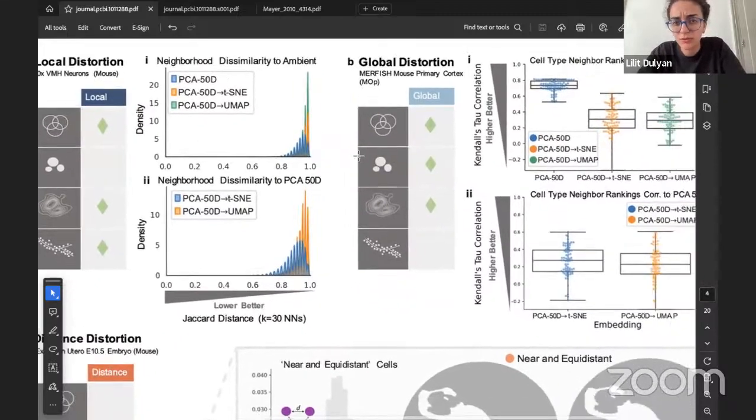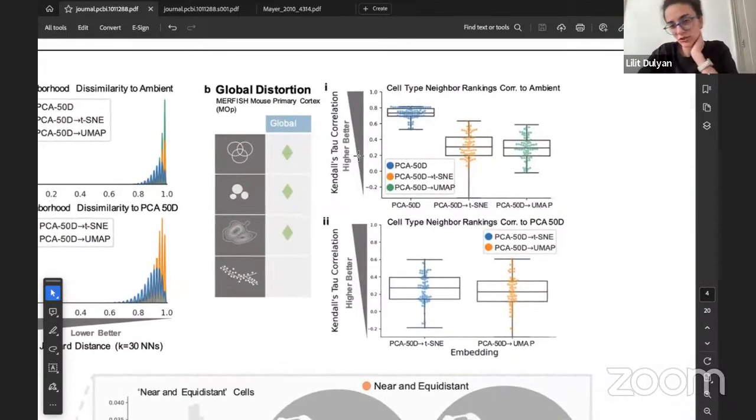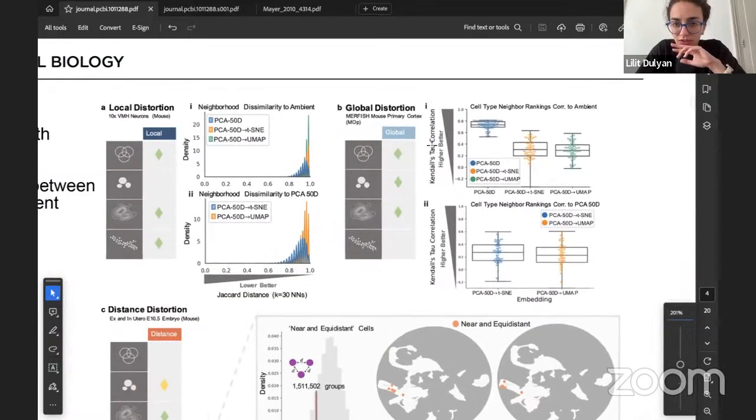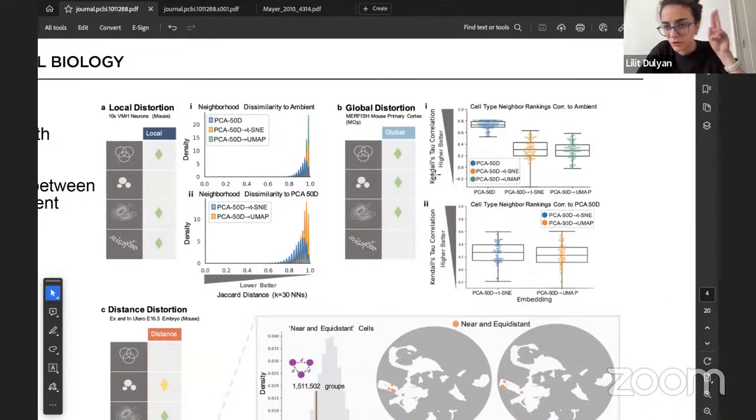Then they looked at the global structure. Well, they did sort of the same thing, but instead of individual cells, they look at the distance between cell types as big categories, okay? But I don't know why they used, in this case, another measure to understand if there is overlap between ambient and embedded spaces.